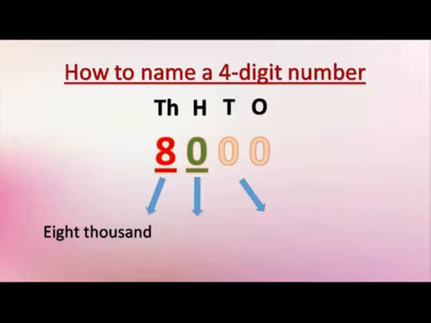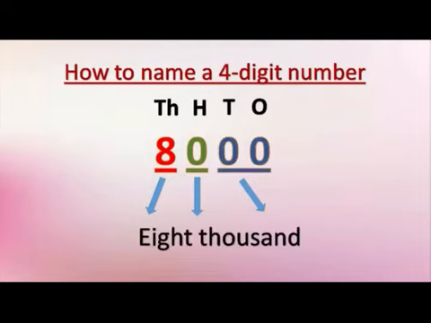So we don't write anything. Tens and ones digit are both also 0. So this is also 0. So once again we don't write anything. So this number is simply 8000.